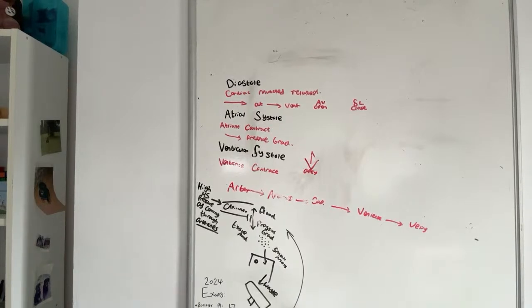Describe and explain 4 ways in which the structure of a capillary adapts it for the exchange of substances. Okay, 1 cell thick for a short diffusion pathway.